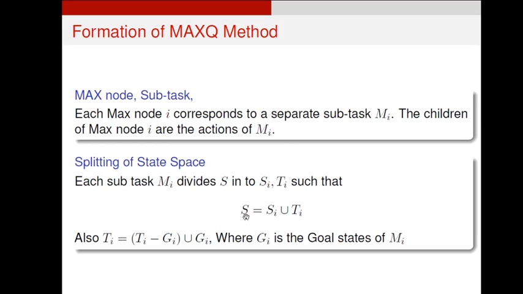Then there is a condition that S is equal to Si union Ti. One more condition: Si intersection Ti is equal to the empty set, which means they are disjoint sets. Now these terminal states are again divided into two parts: Ti minus Gi, and Gi. Gi is called the goal states for this subtask Mi, and Ti minus Gi are the non-goal states.